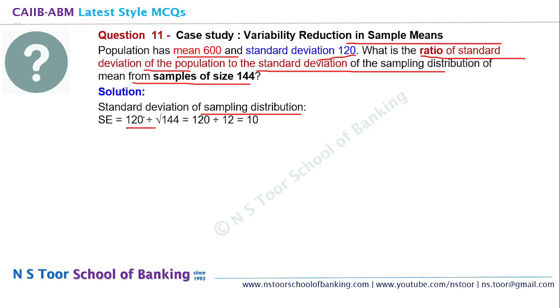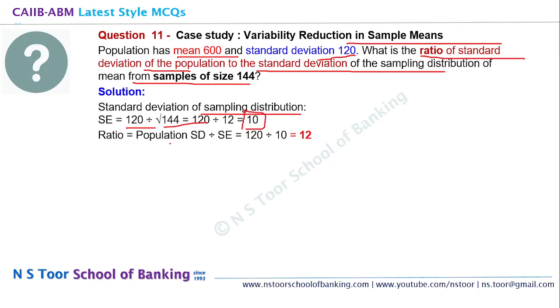So what do we have to find? The standard deviation of the sampling distribution. First we have to find this. What is n for the sampling distribution? n is 144. So square root of 144 is equal to 12. So standard error is equal to 120, the standard deviation of the population, divided by square root of n, which is 12. So my standard error will be 10.